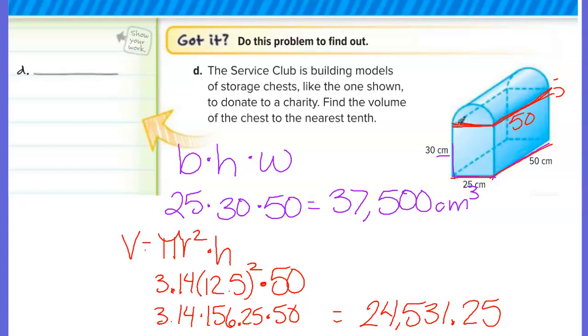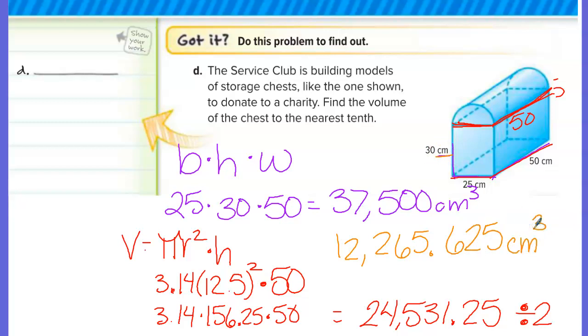So in order to figure out the volume of that, I would cut my volume in half as well, or divide by 2. So I took this and divided by 2, and I got 12,265.625 centimeters cubed. Okay?